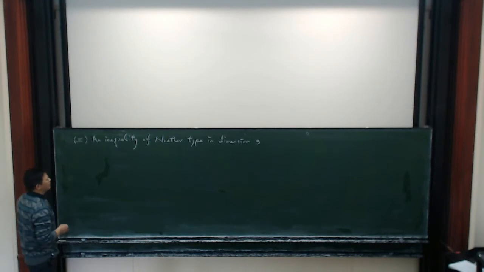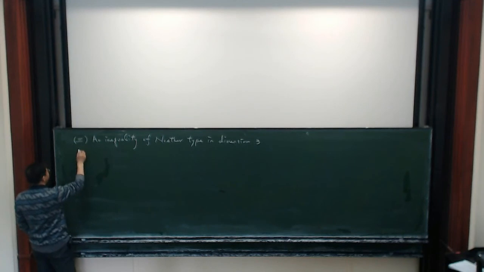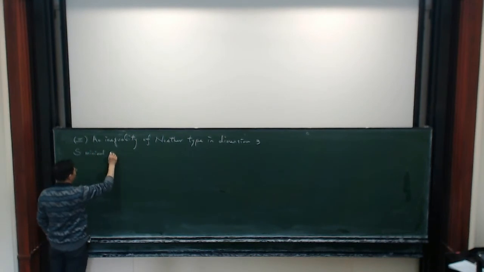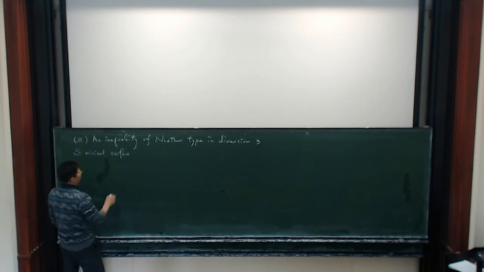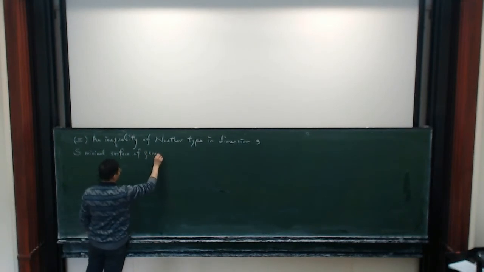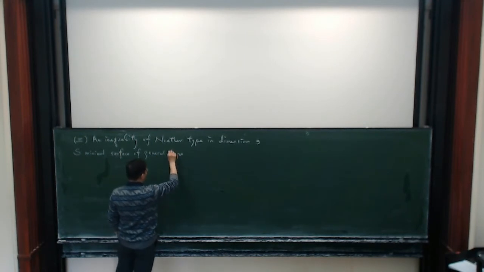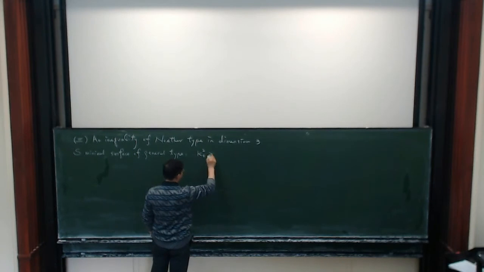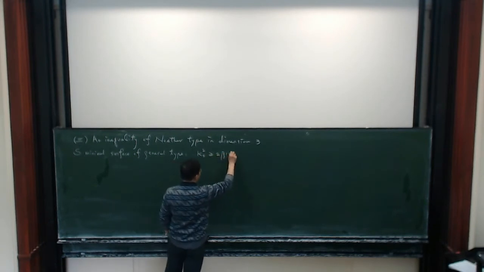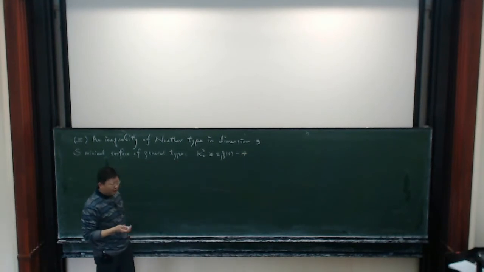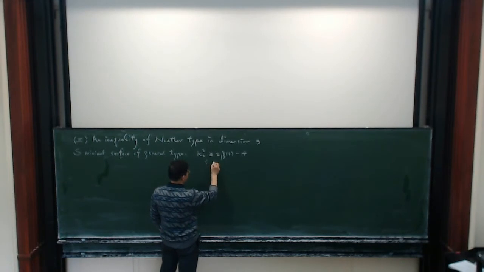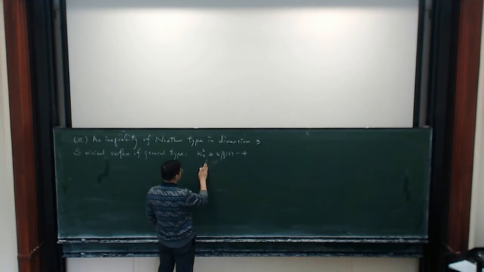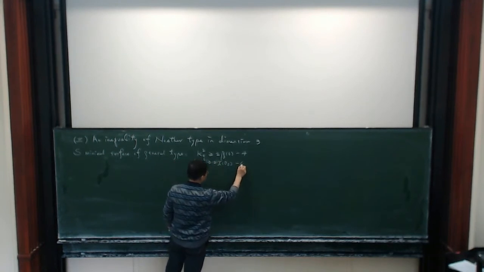parallel to the surface case. As we know, if S is a minimal surface of general type, then Noether's inequality says that K_S squared is at least 2p_g minus 4, or in an equivalent way, K_S squared is at least 2 chi of O_S minus 6.